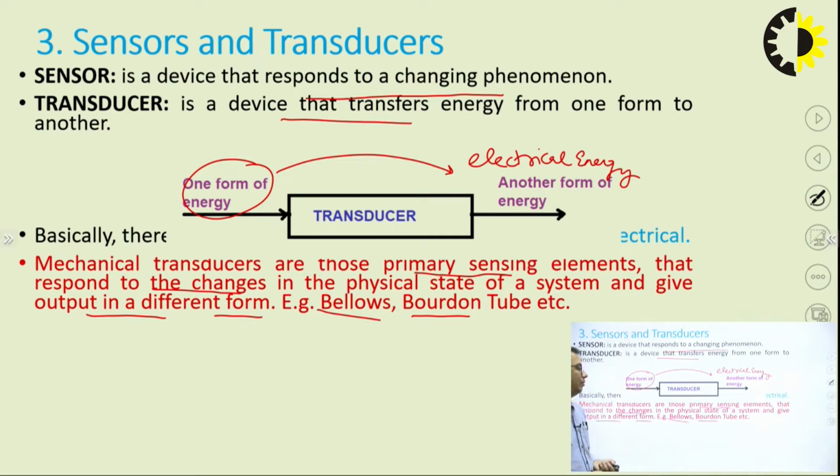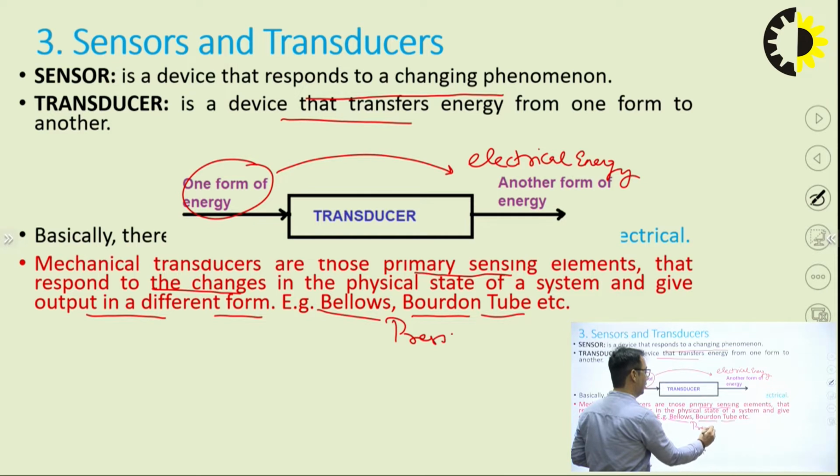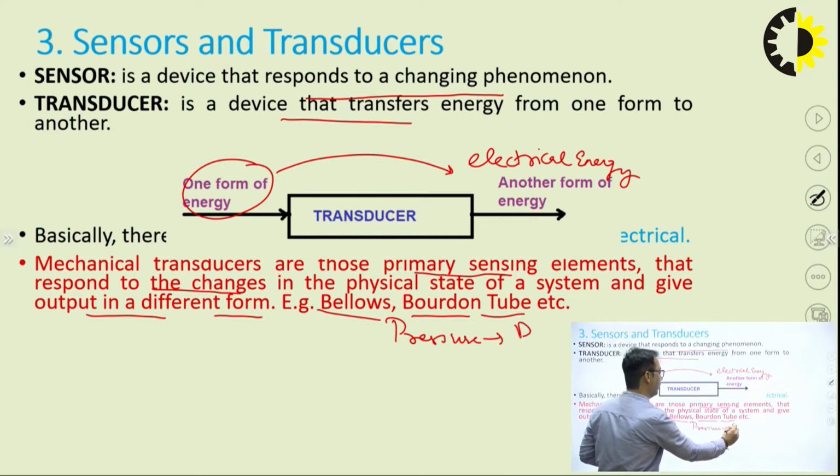Basically a mechanical transducer converts one form of mechanical energy into another, like these are used to convert pressure into displacement.